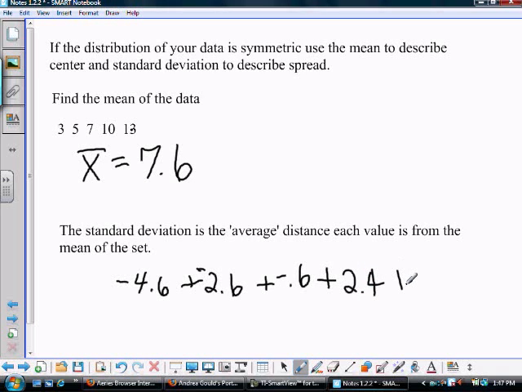And 13 is 5.4 greater than the mean. Let's find the average of all those numbers. Add them up together, divide by 5. Those are called the deviations from the mean. Not the standard deviations, but just plain old deviations from the mean.